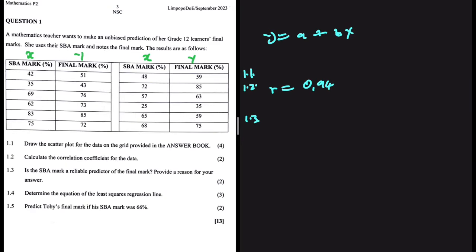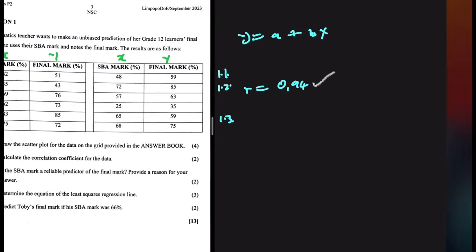The question is asking, is the SBA mark a reliable predictor of the final mark? Provide a reason for your answer. Obviously, it is a reliable predictor of the final mark because we can see that we have a very high correlation of 0.94.